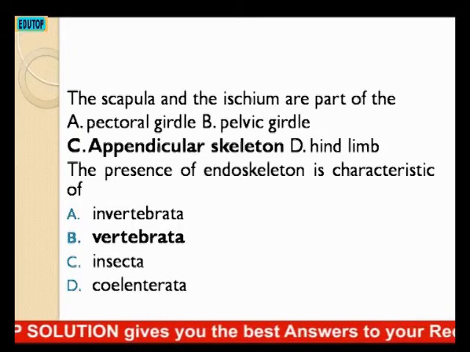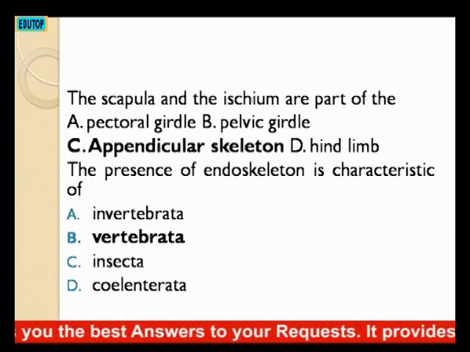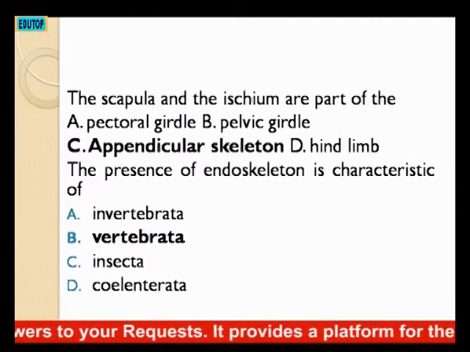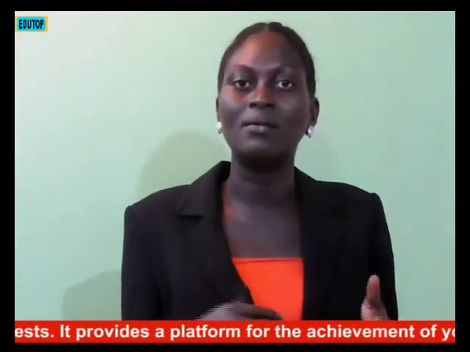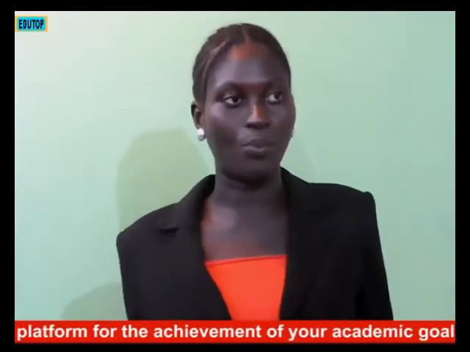The next question. The presence of endoskeleton is characteristic of A. Invertebrata, B. Vertebrata, C. Insecta, D. Coelenterata. Endoskeleton is internal skeleton, while exoskeleton is external, as we have in arthropods.